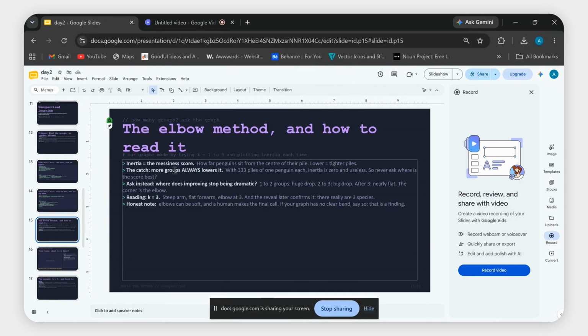But here is the trick. If you keep adding more groups, inertia will keep going down. Inertia always goes down. With, let's say, 33 groups, one penguin per group, the inertia would be 0, but that is useless. So we never ask where is the lowest score. We ask a smarter question: where does the improvement stop being dramatic?